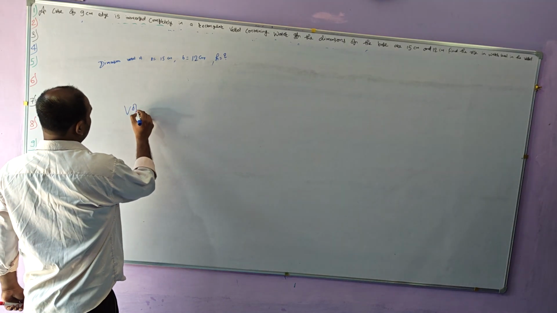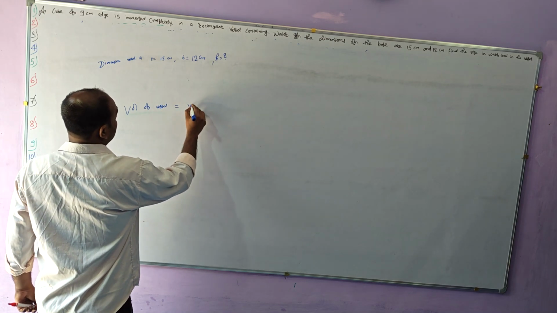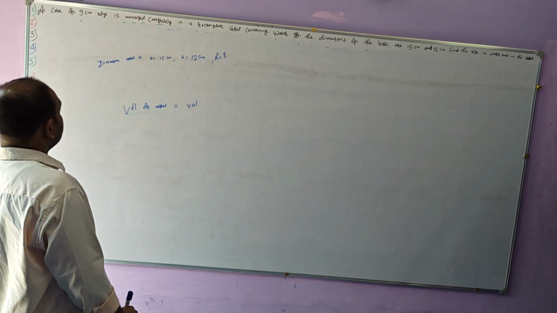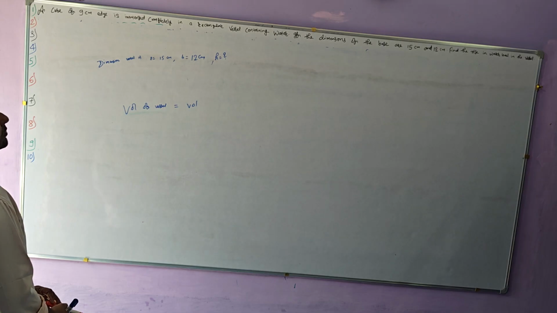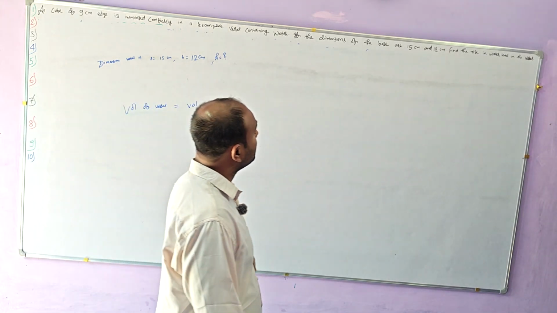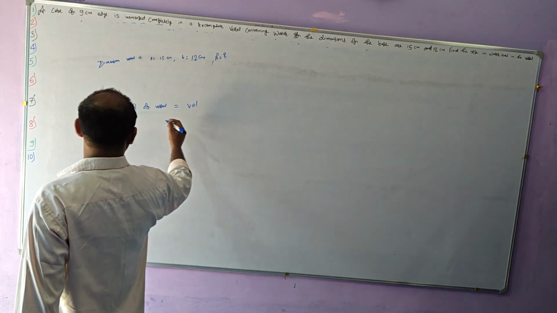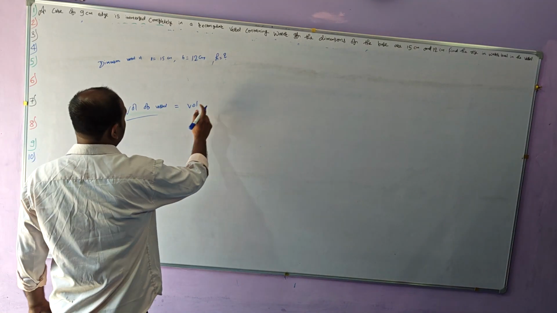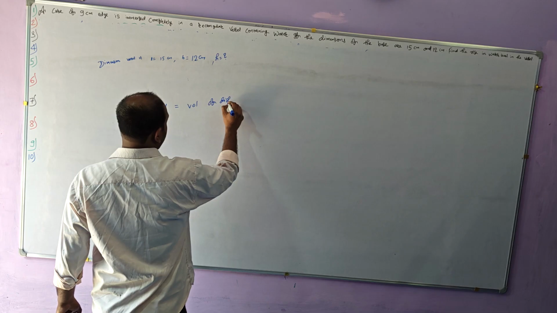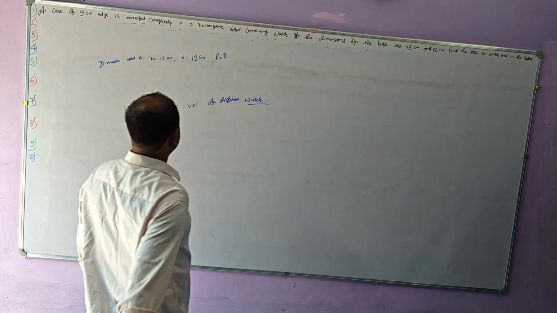So we know the volume of the cube is equal to the volume of displaced water.